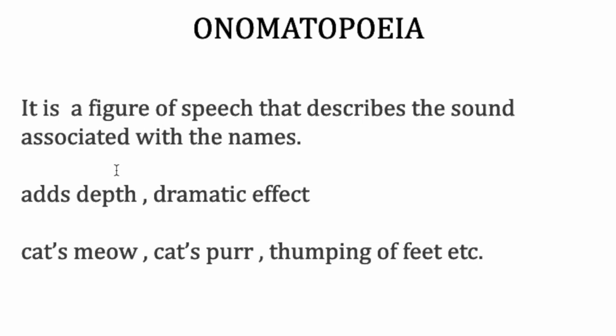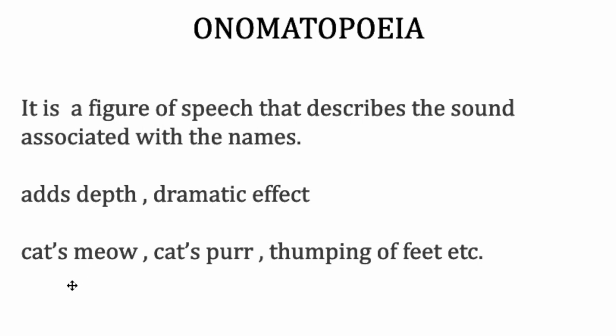You can relate it to a particular object and the kind of sound that object makes. Any kind of object you see around and the sound you can associate with it is called onomatopoeia, and it adds depth to your reading and writing, brings a lot of dramatic effect, and makes your speech and writing very impressive.